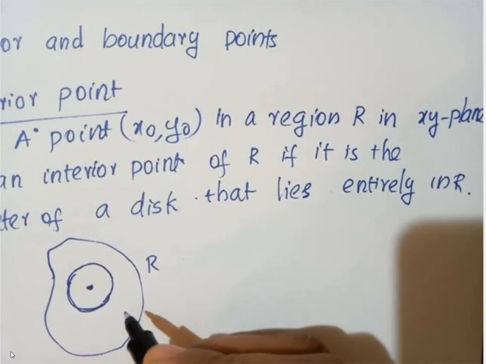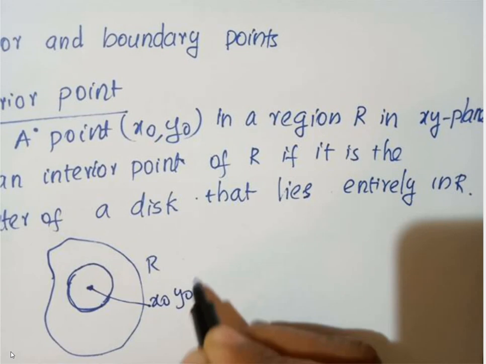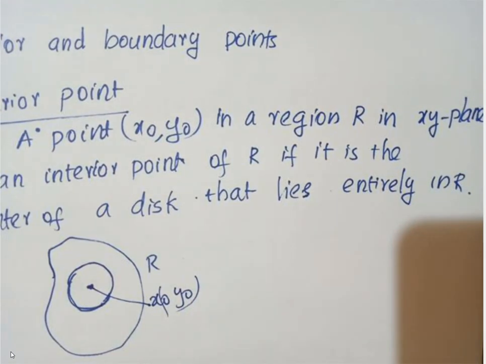If the disk lies inside this region, we say that this is an interior point. Otherwise, it will not be an interior point. Next, the boundary point.